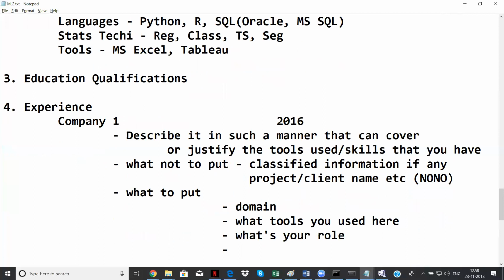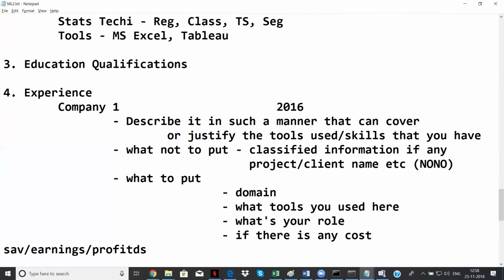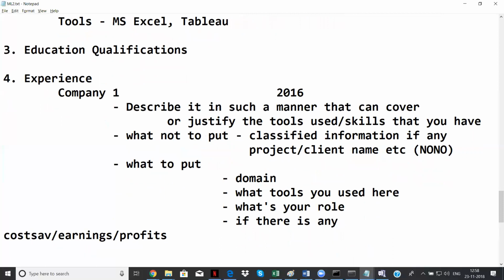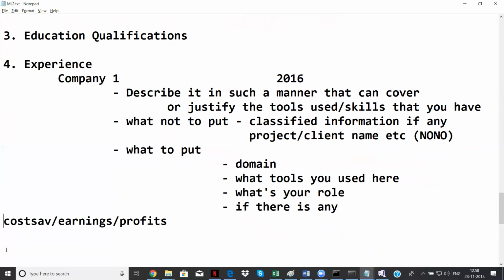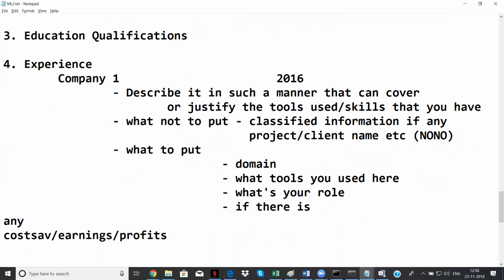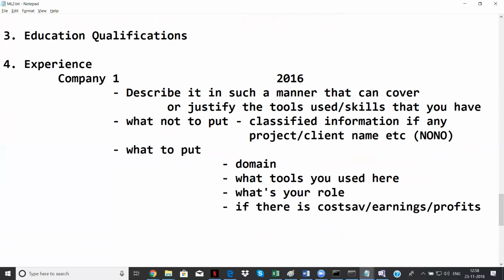And finally, if there are any cost savings or earnings or profits, you can include that over here. Because if you are at a little higher level, you will definitely come to know about these cost savings and all that. So you have to mention that.